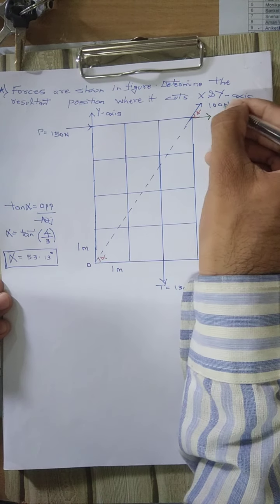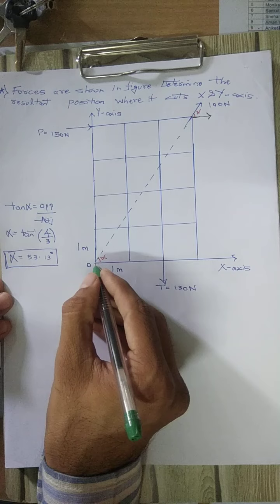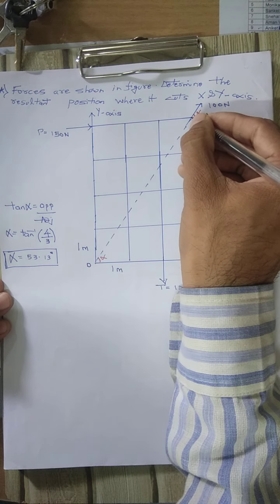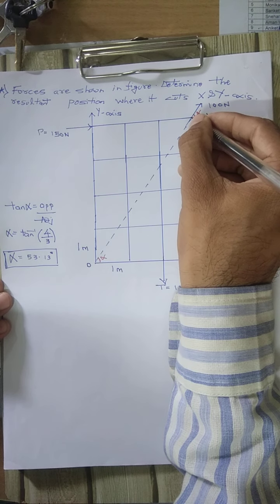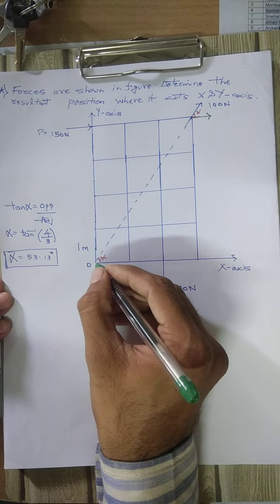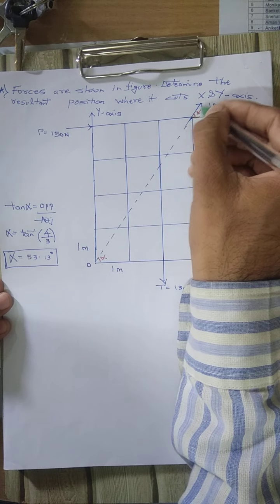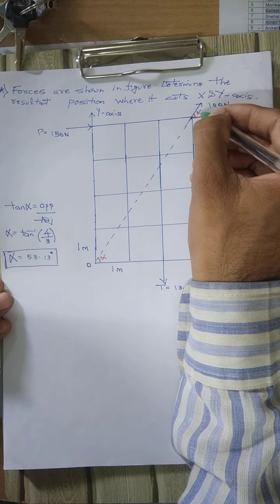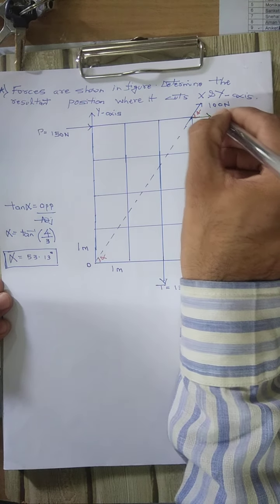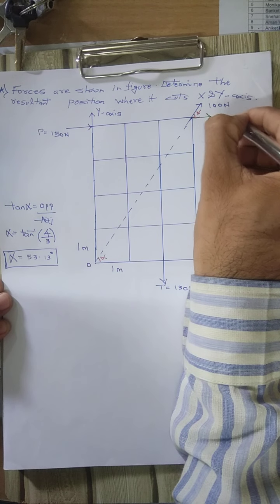Because this force is acting at this point, we can resolve at this point also. By the principle of transmissibility, we can resolve at both ends. The concept is the same, but as it is acting at the topmost corner, we will resolve at this point. This is nothing but 100 cos alpha.